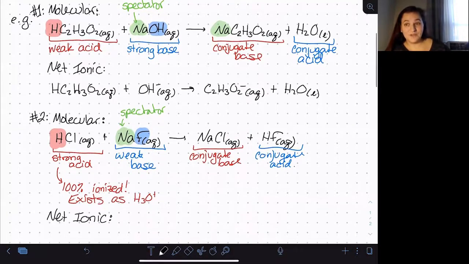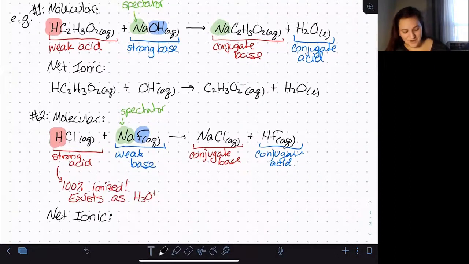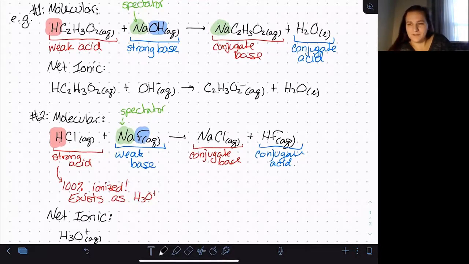It gets replaced with H3O+. It gets replaced with hydronium. That is a little bit confusing because the water wasn't really part of this reaction directly, but everything is aqueous, so it's around. So functionally speaking, all of our strong acids really exist as H3O+, so we can write them that way.